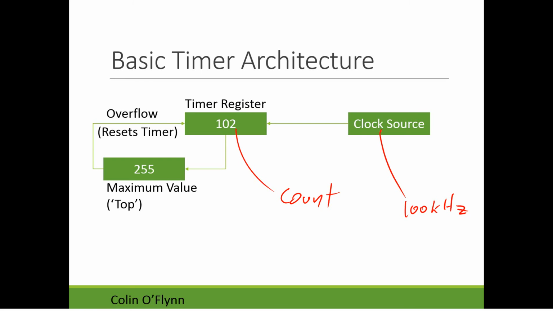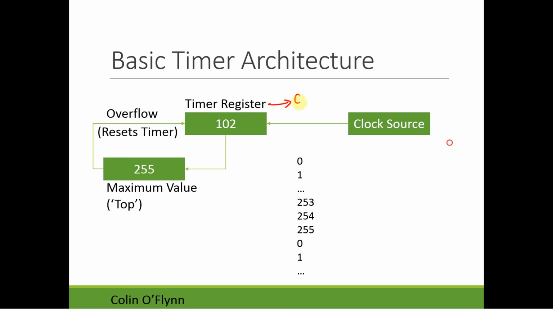The other thing we'll have is that when the timer reaches a maximum value, which we call top, it resets back to 0. The maximum value will depend on the size of the timer register. If this is 8 bits in this example, the maximum it could possibly count to is 255.